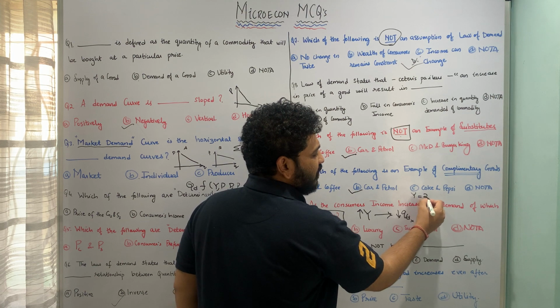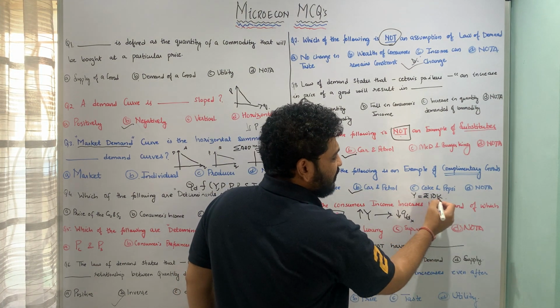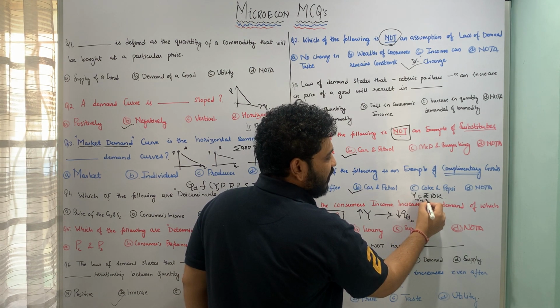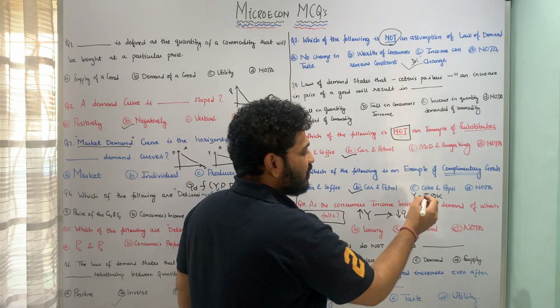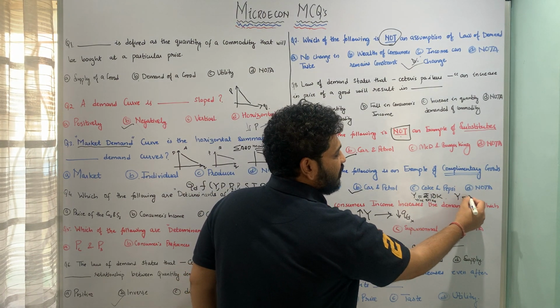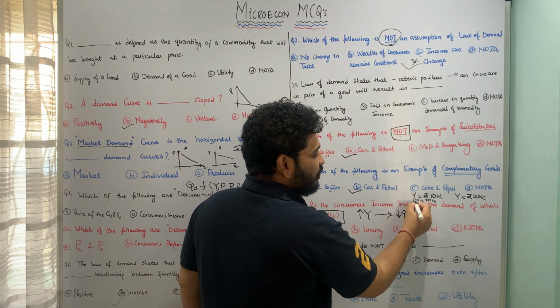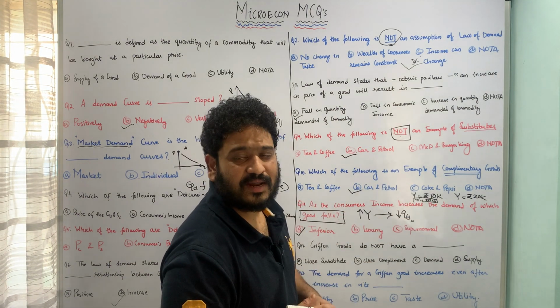Let us assume that my income was rupees 10,000. At this income I was eating rice which was worth 80 rupees per kg. Now my income has moved from 10,000 to 20,000. Now I'm going to move from 80 to probably 120.